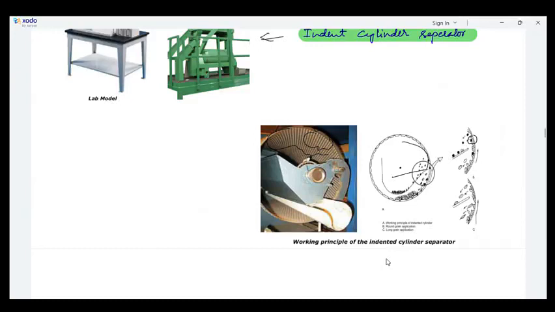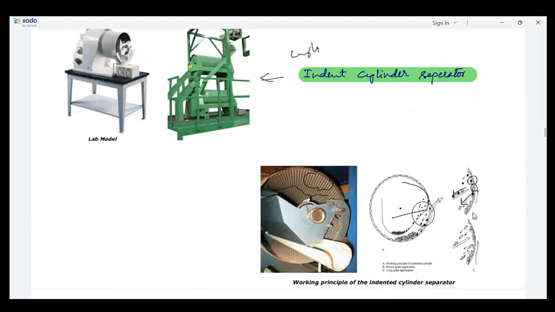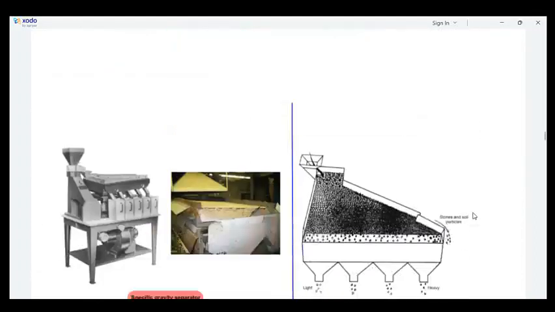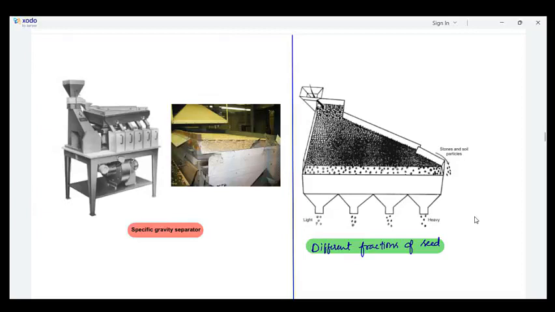When the seed length is more, it will grab those seeds and they will fall off. If the seed length is exactly that of the indent, it will be fixed here, so that it will eventually be separated from the long seeds. This is how the separation works in the indent cylinder separator, which works on the principle of length, separating the seeds based on length.